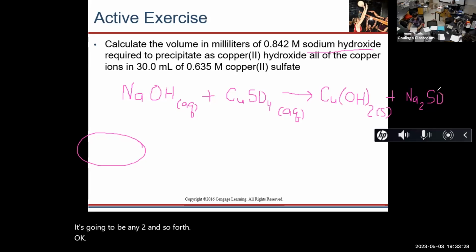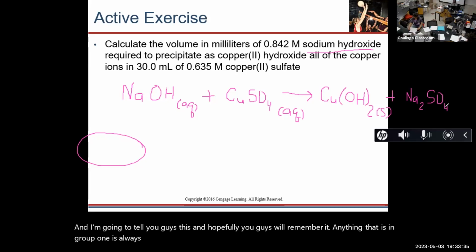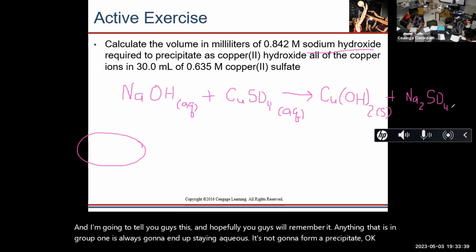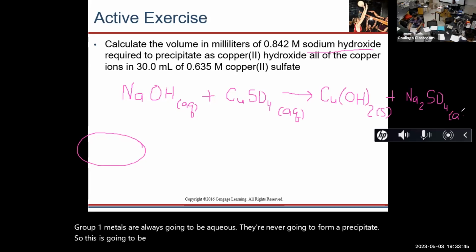And I'm gonna tell you guys this, and hopefully you guys will remember it. Anything that is in group 1 is always gonna end up staying aqueous. It's not gonna form a precipitant. Okay, so group 1 metals are always gonna be aqueous. They're never gonna form a precipitant. So this is gonna be aqueous.